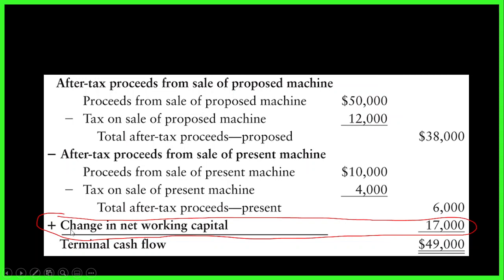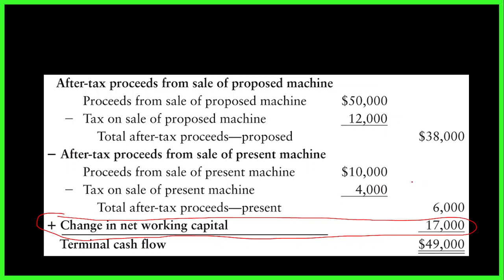So, pag binalikan mo yung problem, the new asset can be sold at 50 but it will result to a gain. So, may tax ka na 12. So, ibabawas natin yan. While the old asset will be sold at 10, and it will result to a tax na 40. Siguro it was sold at a gain na naman.